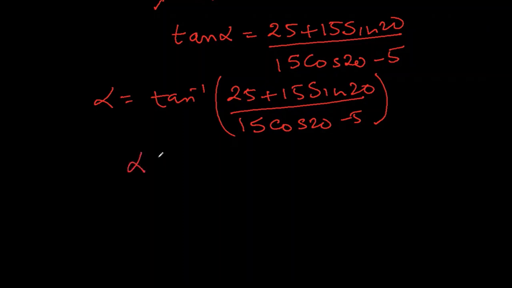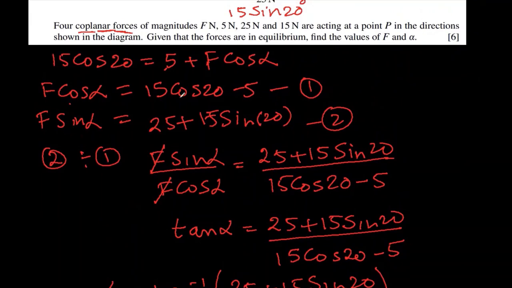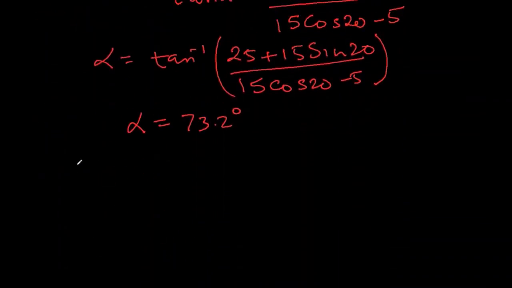The answer I got was alpha 73.2 degrees. This is what I got. Second thing is we have to find F as well. And for F we can use any one of the equations. Let me use the first one, F cos alpha. F cos alpha equal to 15 cos 20 minus 5. F cos alpha is known to us now, 73.2.